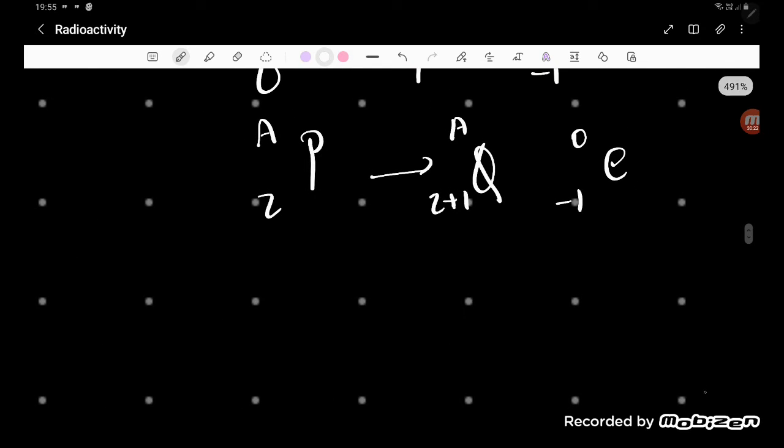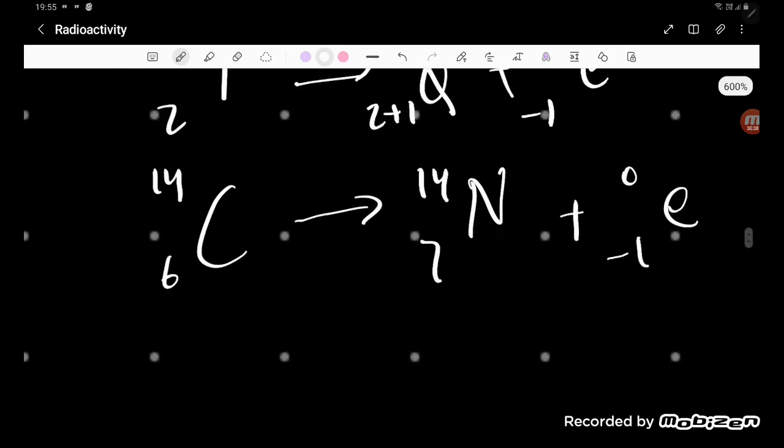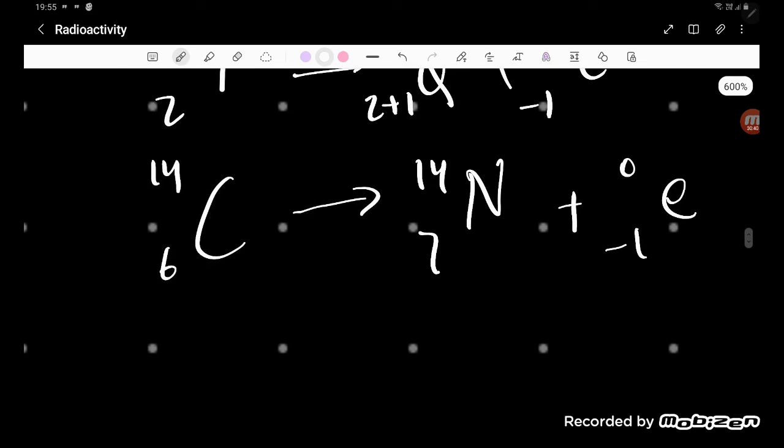An example is carbon 14 6. You get nitrogen 14 7 plus 0 minus 1 e. So it shifts to the next position.